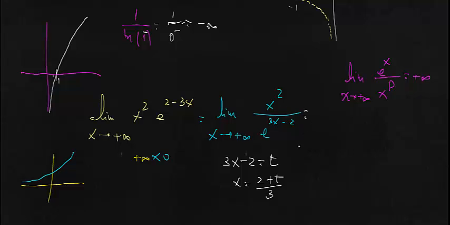So I will get the limit when t approaches plus infinity of e to the t, and now I have this over here, and this over here. It is ((2 plus t) over 3) squared.